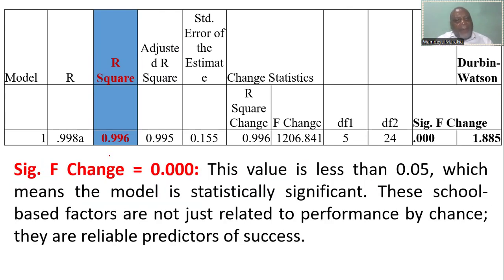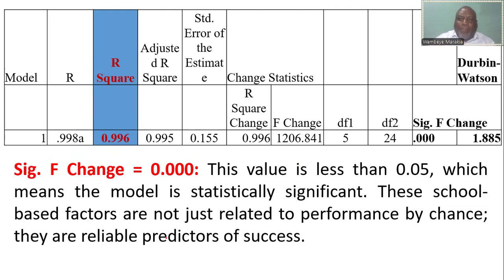Also, there is the significance, which is 0.000. This value is less than 0.05. It means that the model we are using is statistically significant.